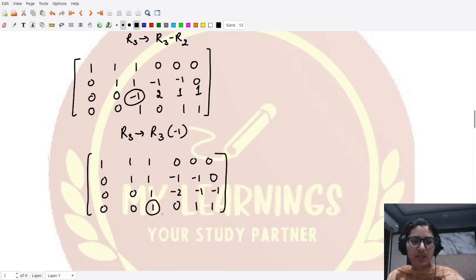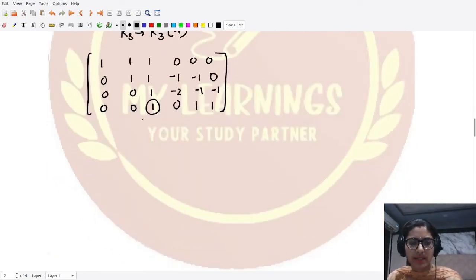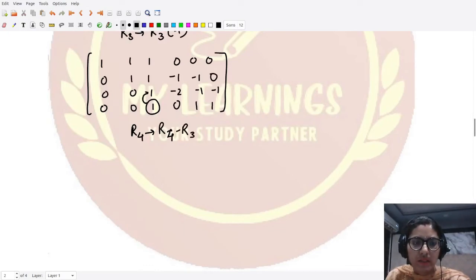Now we have to make this element 0. How can we do that? On R4 we have to apply R4 minus R3. So your first 3 rows would be as such, and you can copy them simply.